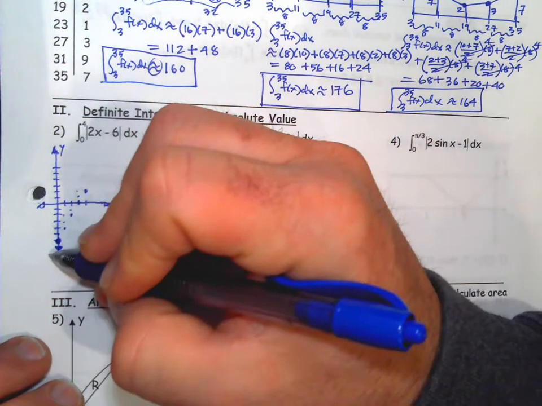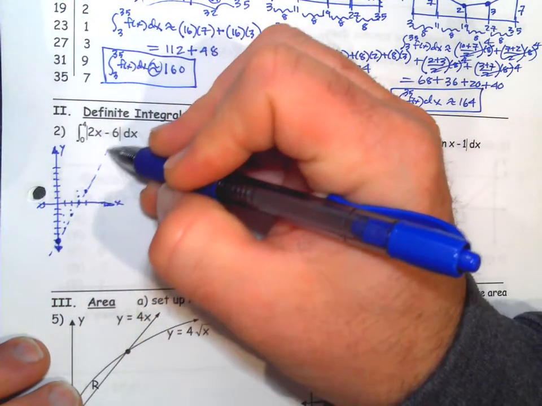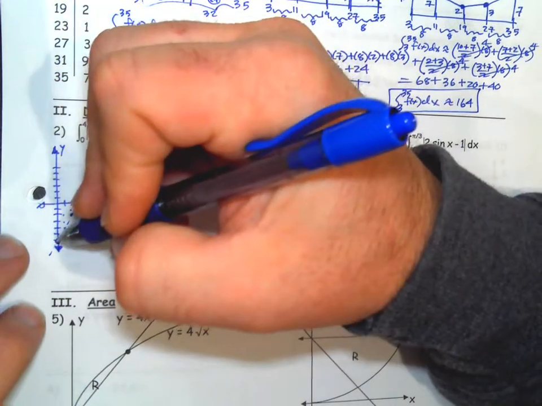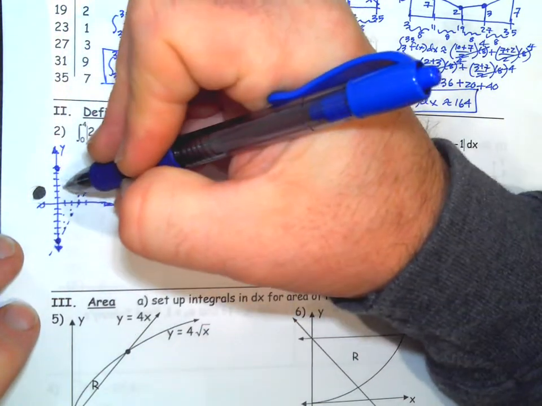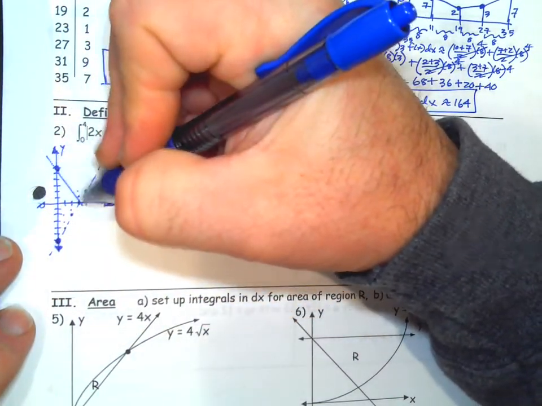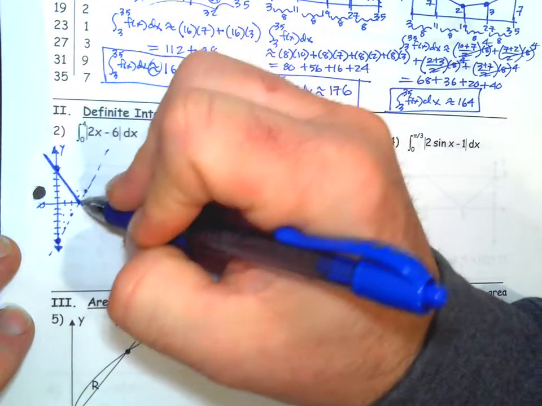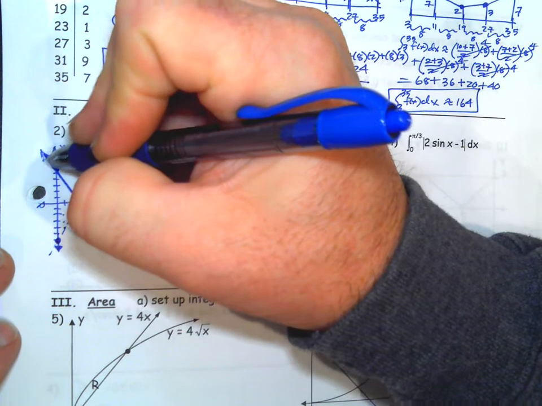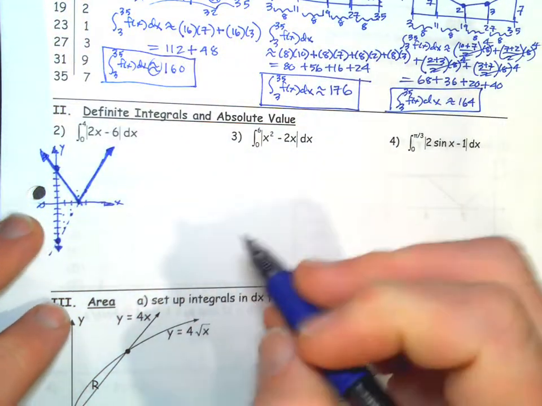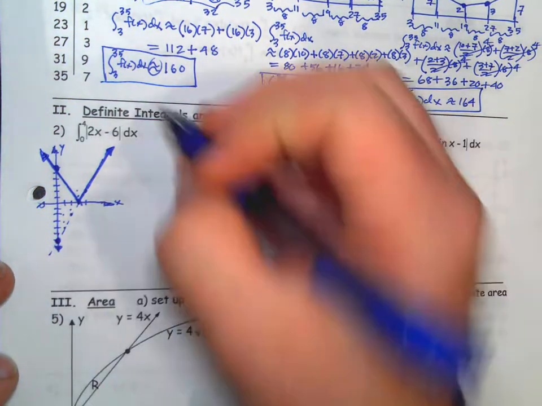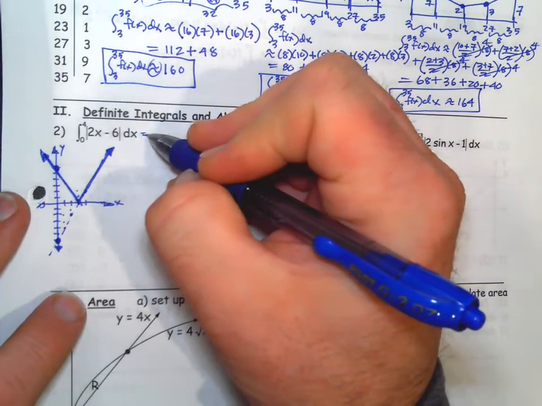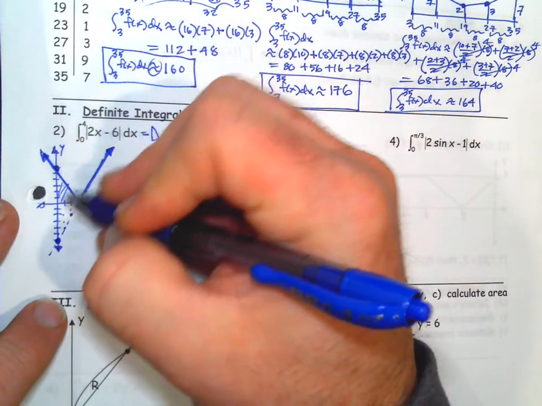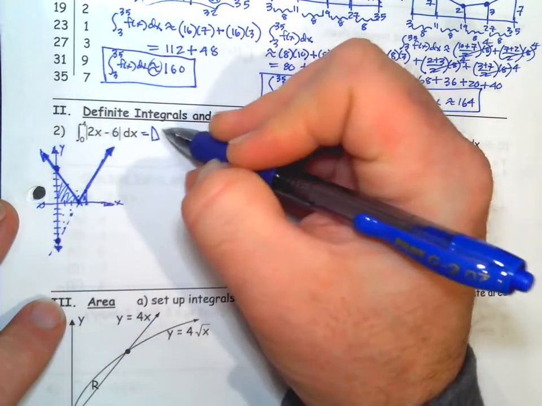So that's the initial line, and the absolute value flips the negative part up. So it's going to be up here. So this is the absolute value graph, which makes sense. It's like a V-looking graph. So if we're going to do this, we could split it into a big triangle and a small triangle.